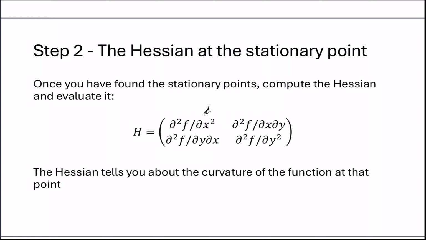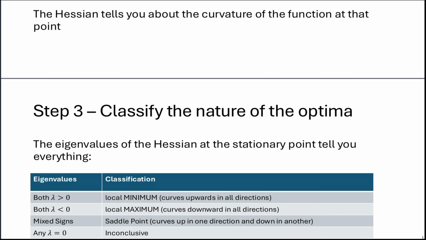In this first entry, we have the function partially differentiated twice with respect to x. Over here, we have the function partially differentiated with respect to x and y. That's the same over here. And then over here, we've got the function partially differentiated with respect to y twice. And what the Hessian tells us is the curvature of the function at that point.